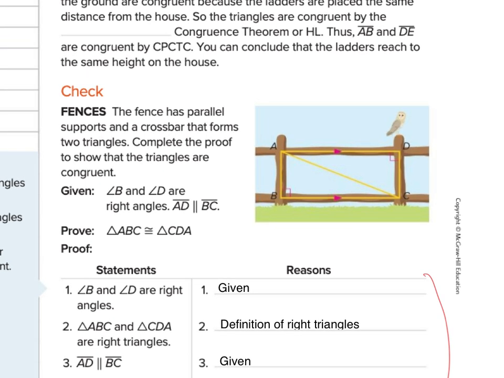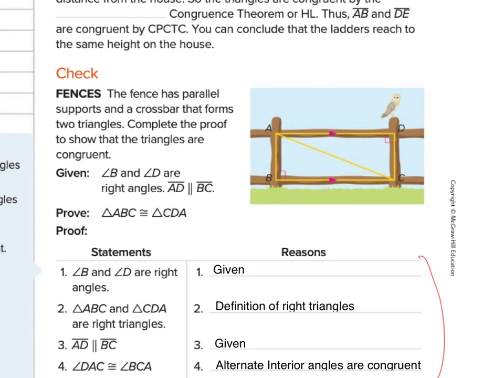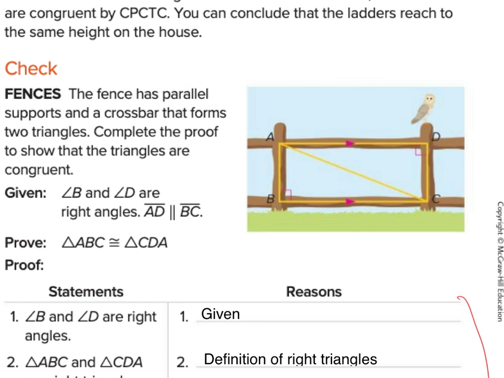It says the fence has panel supports and a crossbar that forms two triangles. Complete the proof, not worried about that. Let's look at the details. Given that angles B and D are right angles, and AD is parallel to BC. What do we know?